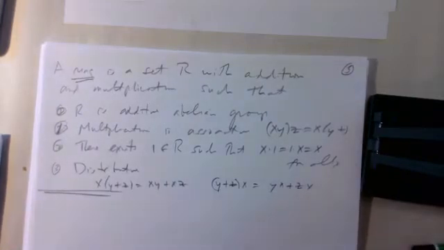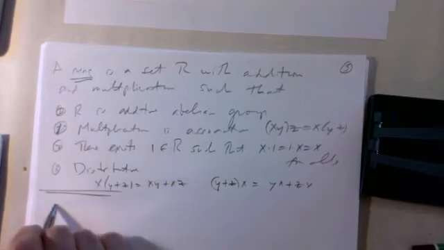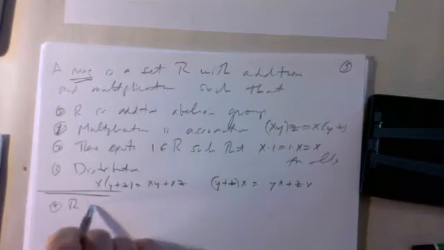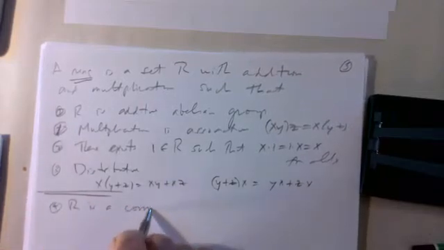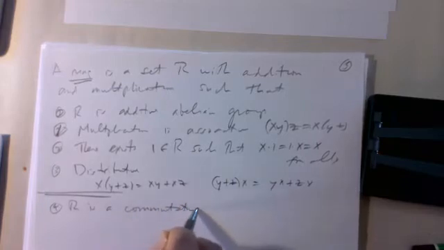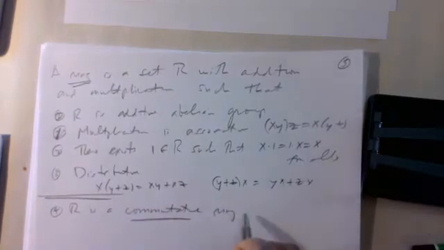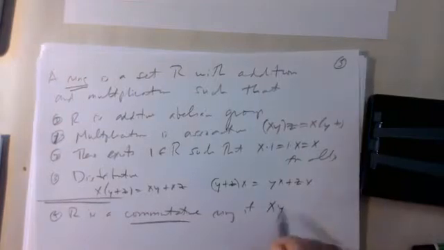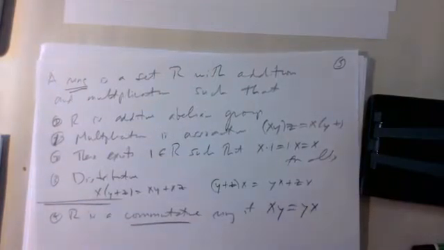So any set with an addition and multiplication that satisfies these three properties is called a ring. And R is called a commutative ring if the multiplication is commutative, XY equals YX.